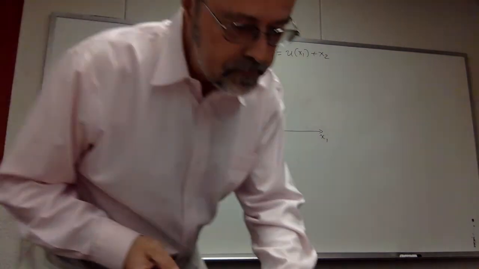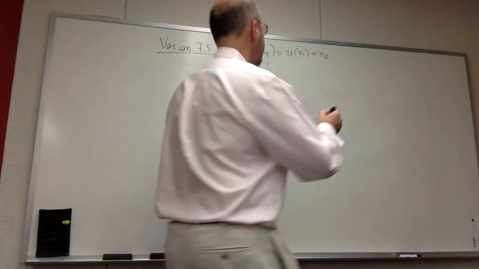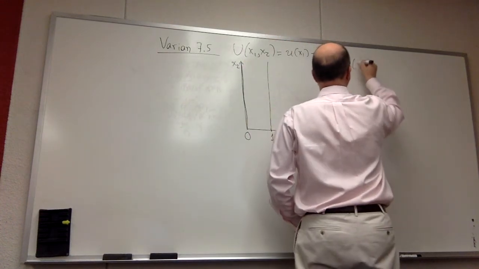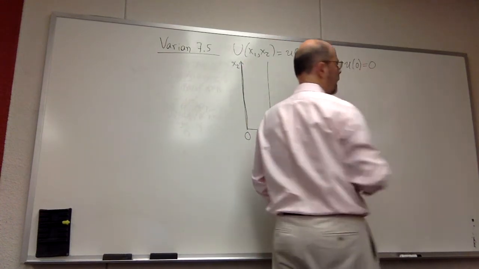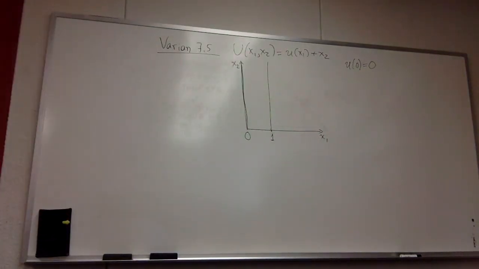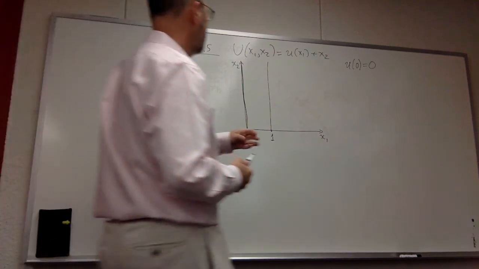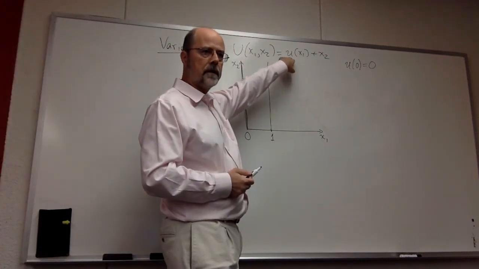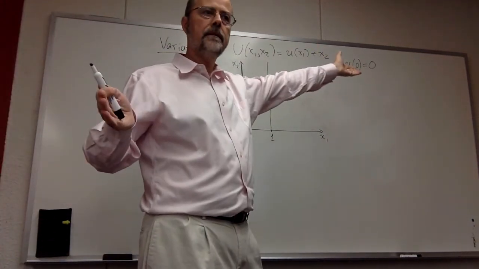Oh, by the way, he gives me some assumptions. He tells me by assumption that you evaluate good x1, its subutility in this little u function here, as 0 if you don't have it.